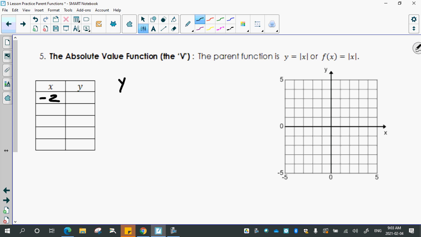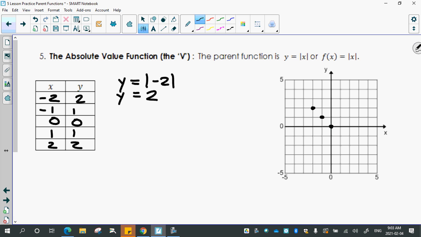So again, if I was doing y equals the absolute value of -2, that would be 2. Absolute value of -1 is 1. Absolute value of 0 is 0. Absolute value of 1 is 1. And absolute value of 2 is 2.